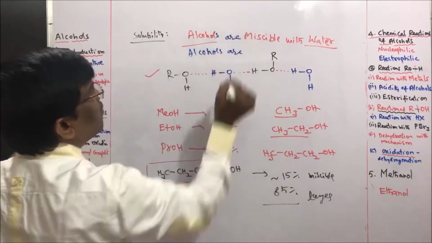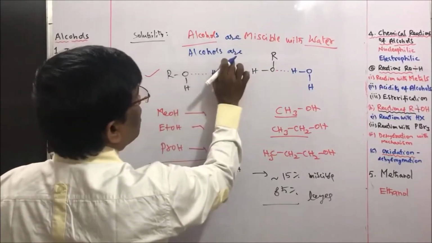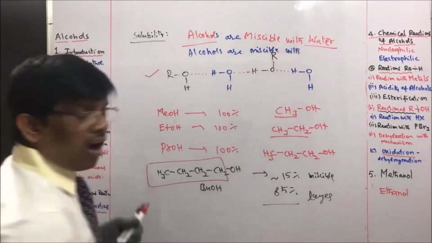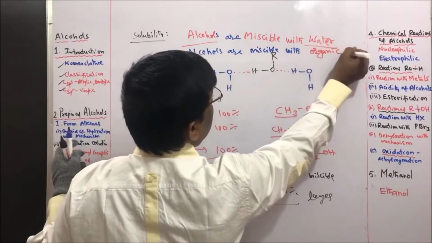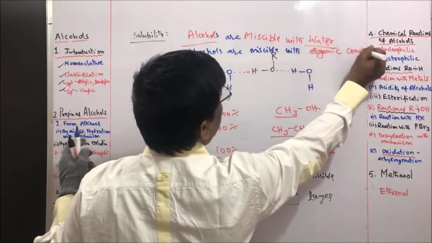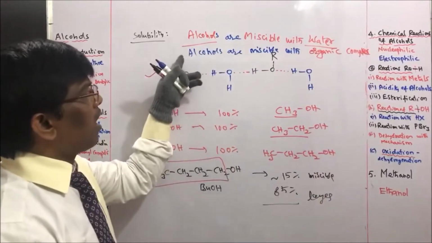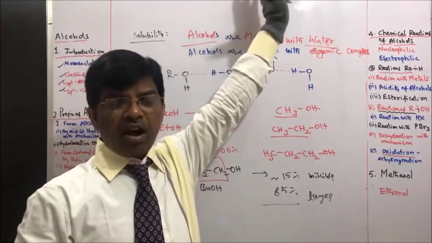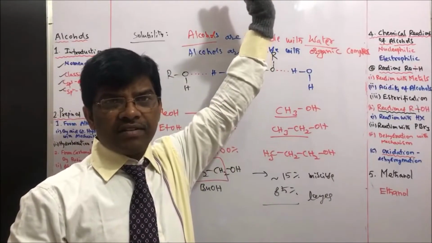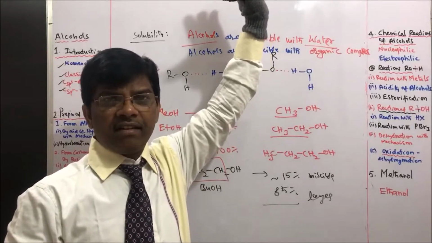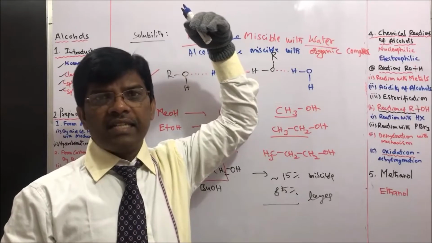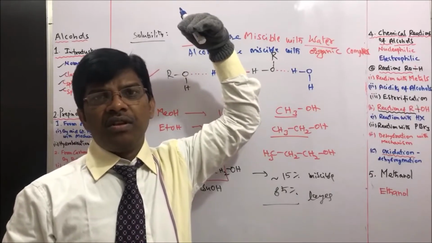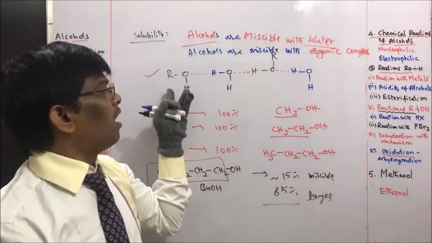Alcohols are miscible with water and alcohols are miscible with organic compounds. Most organic compounds are miscible or soluble. For example, alcohol dissolves carbonyl compounds, alkanes, ketones, acids, aromatic compounds, aliphatic compounds, alkyl halides, and even sugars are soluble in alcohol solution.